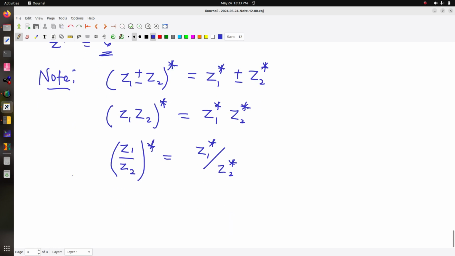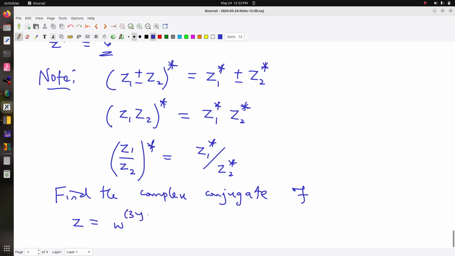All right. So the question says: find the complex conjugate of z equals w raised to the power of 3y plus 2ix, where w equals x plus 5i.